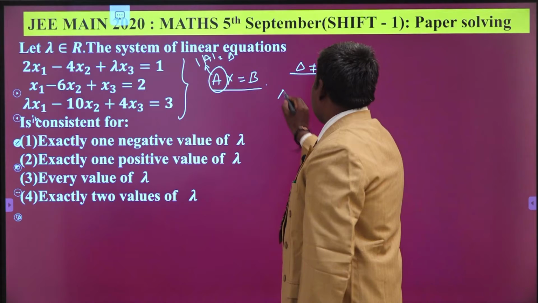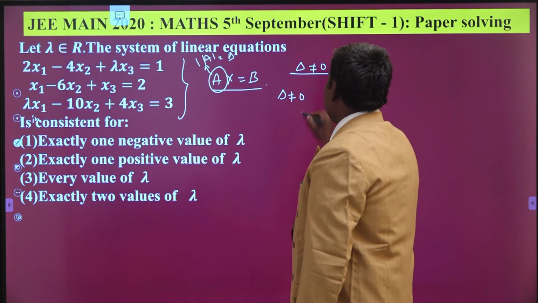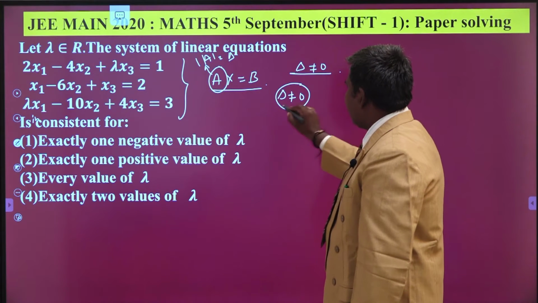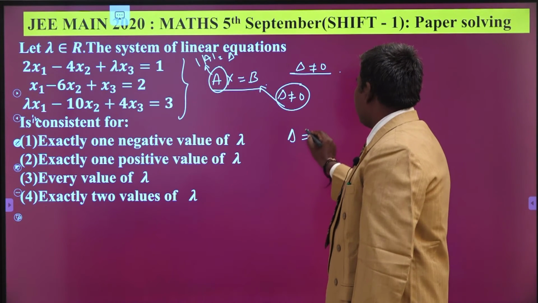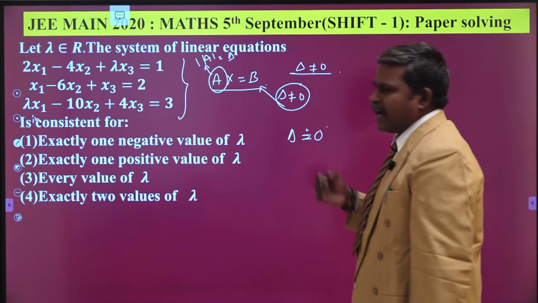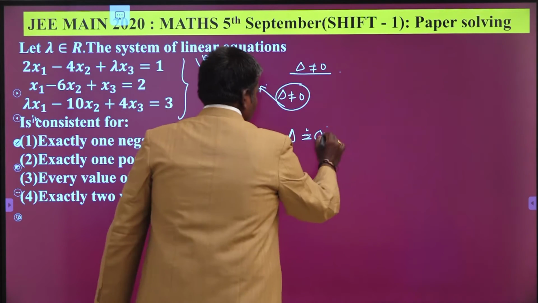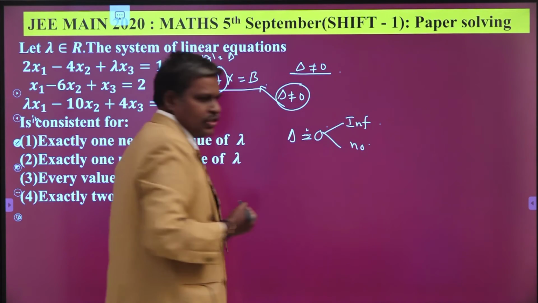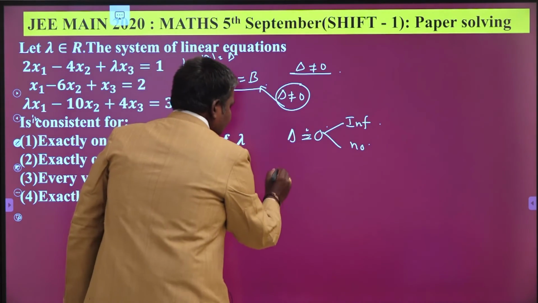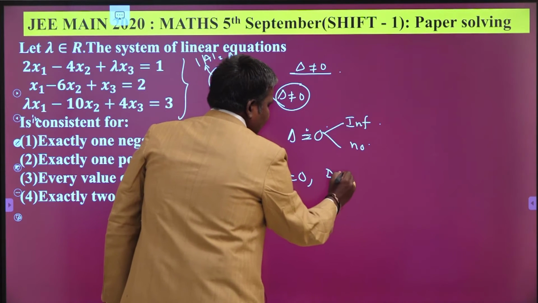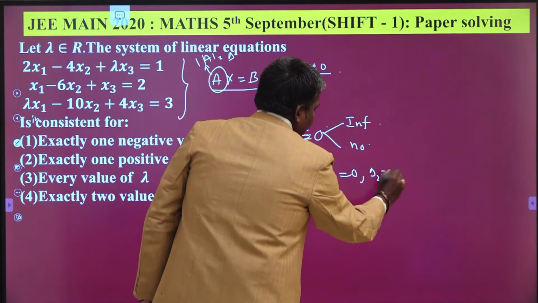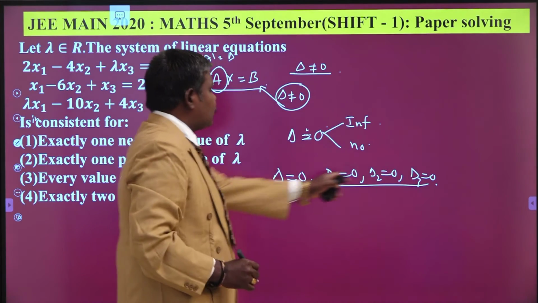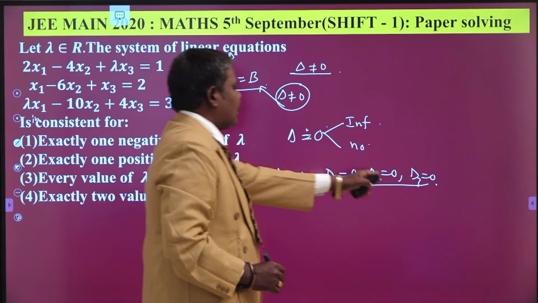If delta is equal to 0, find delta 1, delta 2, delta 3. When delta is equal to 0, it has an infinite number of solutions or no solution.